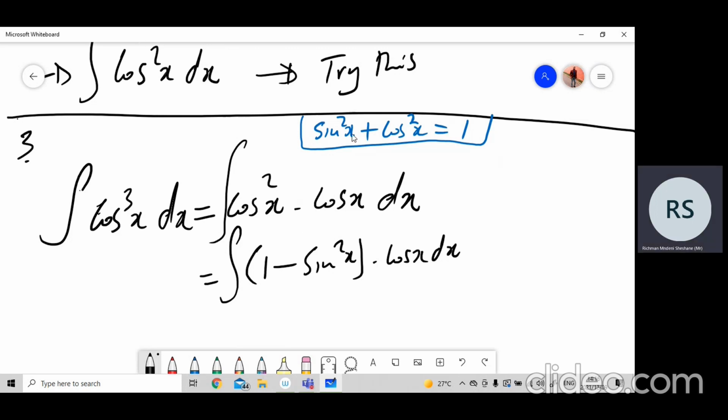After you use this identity, let me write this. Cos squared x is 1 minus sine squared x.